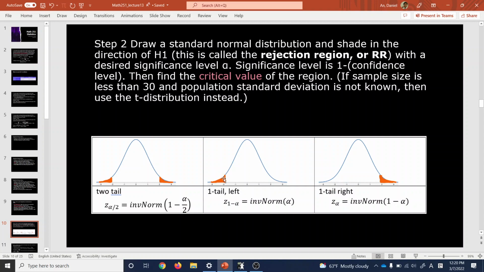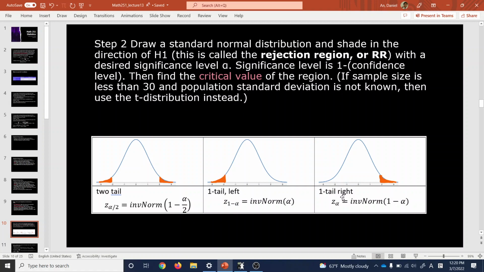And because the area of the shaded region should add up to alpha, just inverse norm of alpha will give you the critical value, the boundary of this shaded region. On the other hand, if you have one tail right, you have to do inverse norm of 1 minus alpha, which gives you this boundary on the right side.